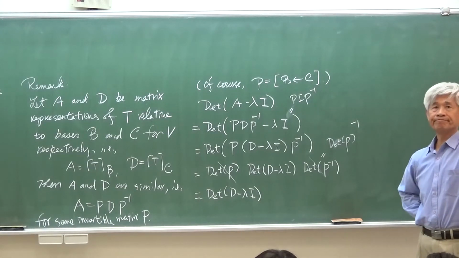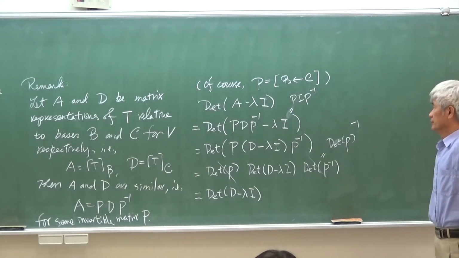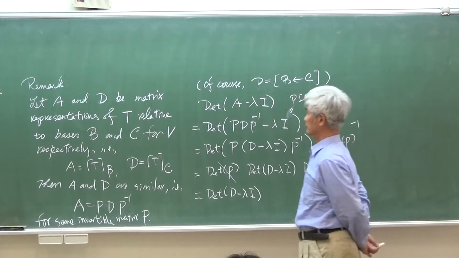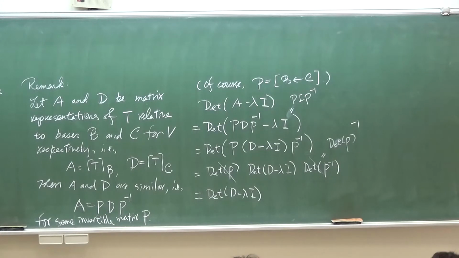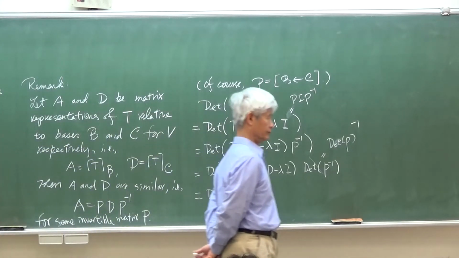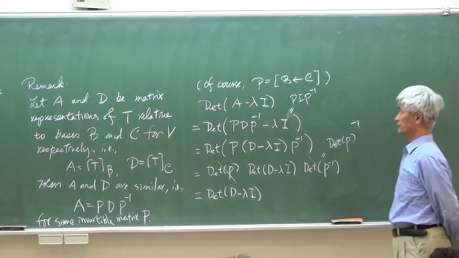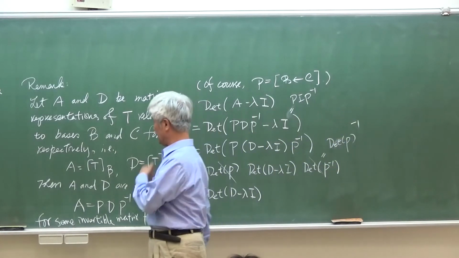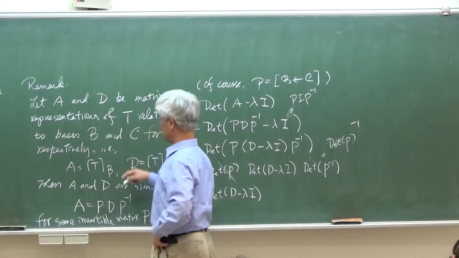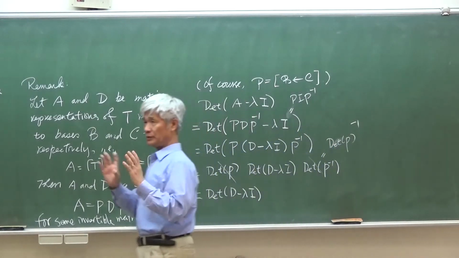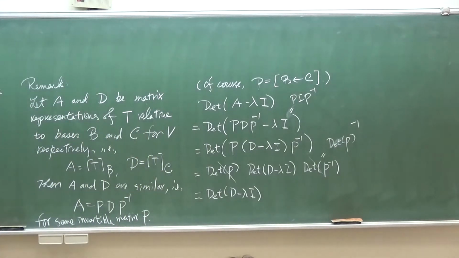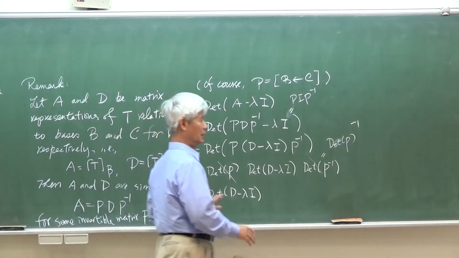Any questions? So if we use a different matrix representation, because we can select an arbitrary basis for the vector space V, the matrix representation will be different for different bases.